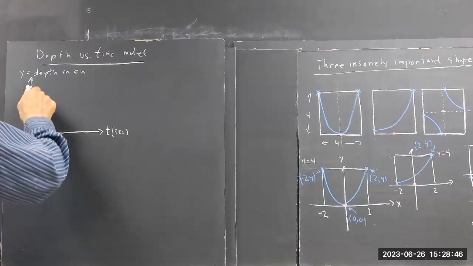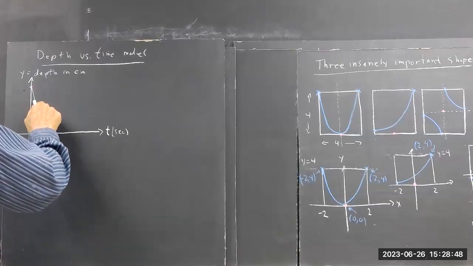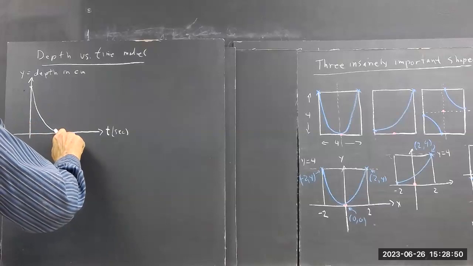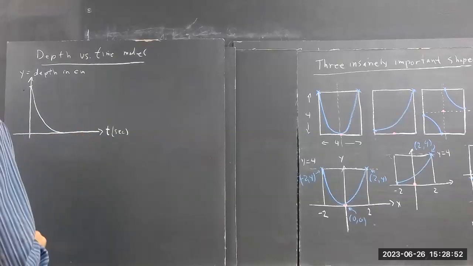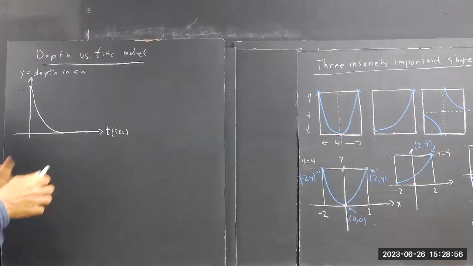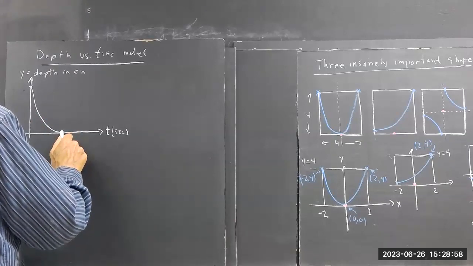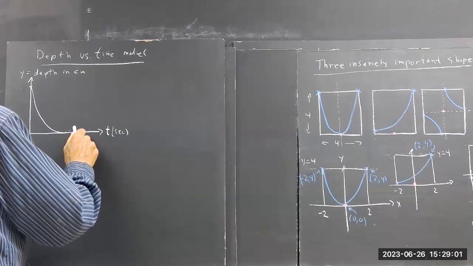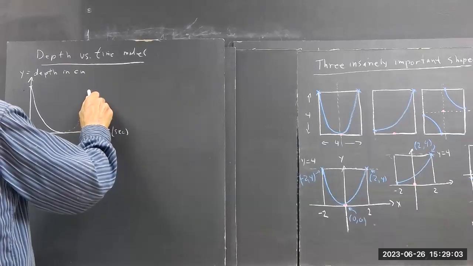And then the graph comes down like a parabola until it hits the t-axis where the water level stops changing. And of course, the parabola continues on like this.